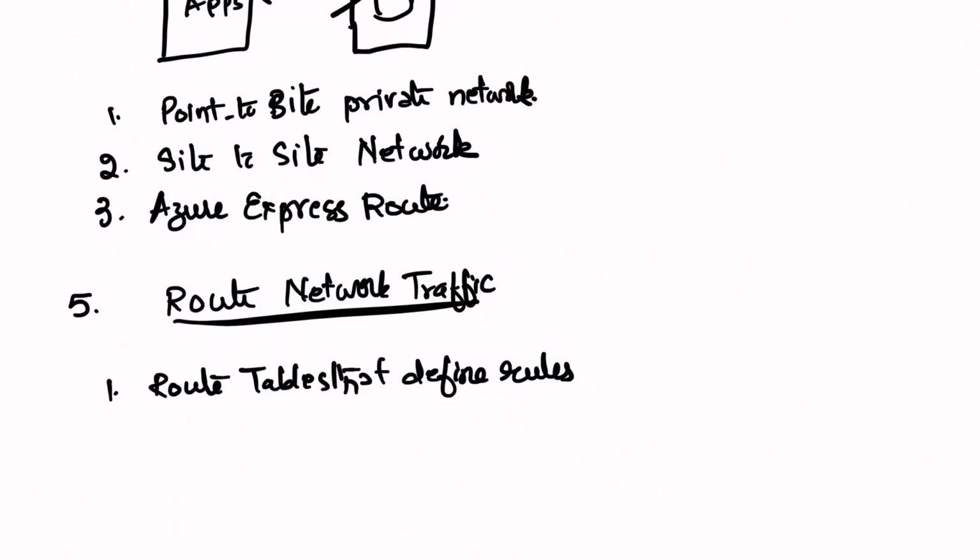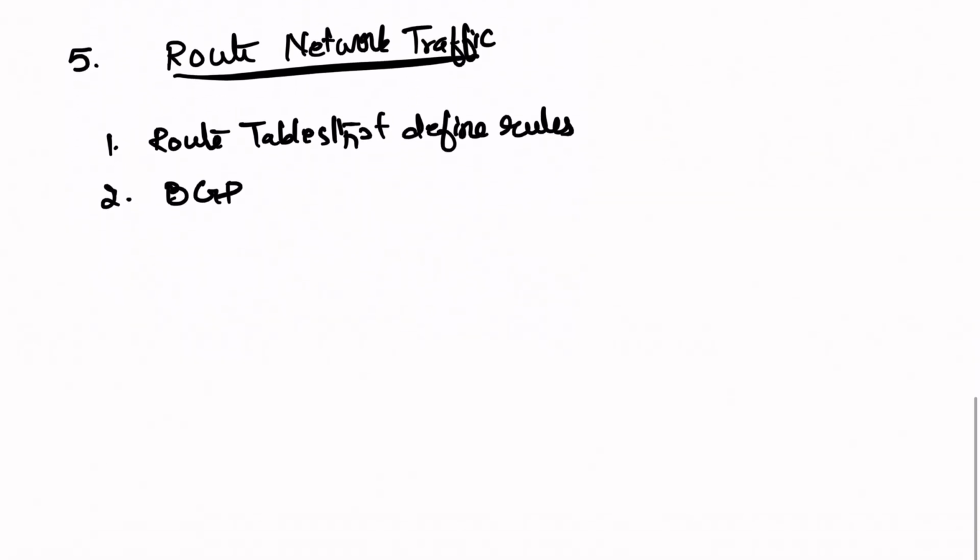Also, we can use border gateway protocols to connect our on-premises VPN gateways to the Azure gateway. This way, all our BGP routing rules can be exported to Azure VPN.